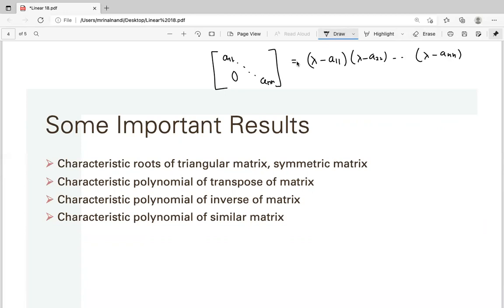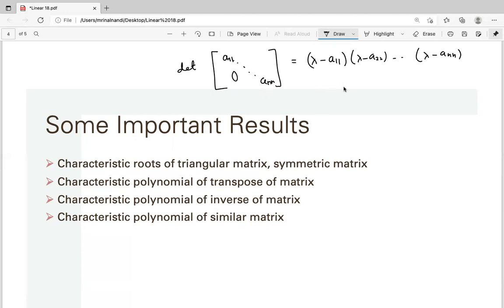So all the diagonal entries are the characteristic roots or eigenvalues; better we say characteristic roots. For a lower triangular matrix or a diagonal matrix, it is the same thing. For a diagonal matrix also, the diagonal elements are the characteristic roots.